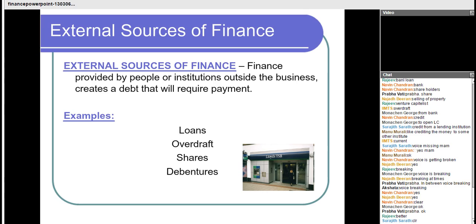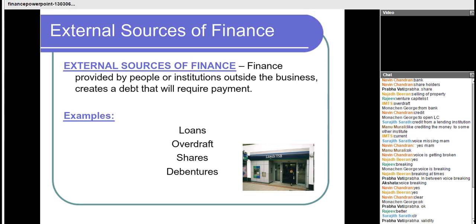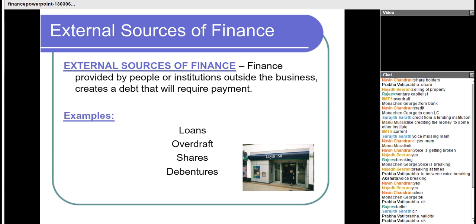So in this case, you have an overdraft limit of 1 lakh. And there are just 20,000 rupees in your account. So you can purchase goods worth 1,20,000. It means the bank is offering 1 lakh to you from its side, and you have to pay interest on that amount.